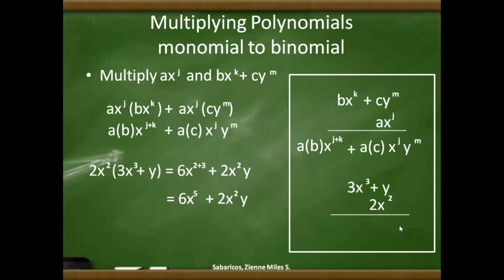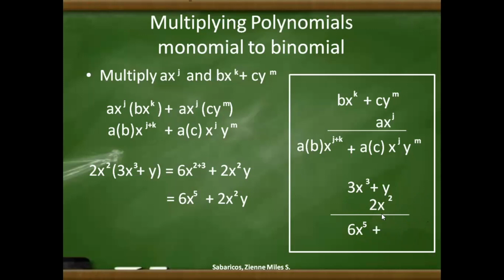Right. Here is an example on how to use this method. 2x squared times 3x cubed. 2 times 3 is 6. So you bring down 6, bring down the variable, and then 2 plus 3 is 5.